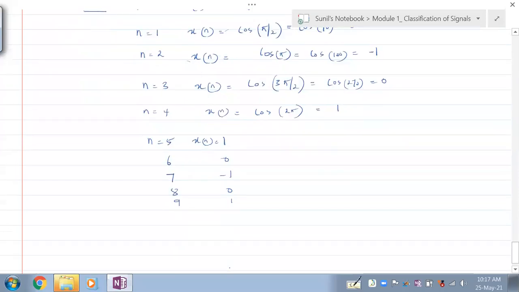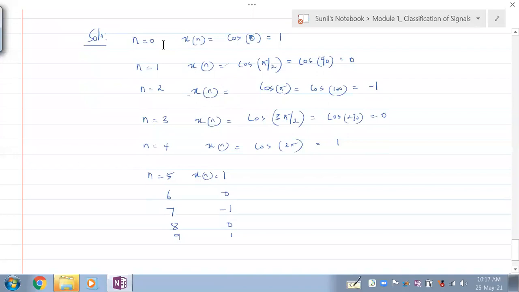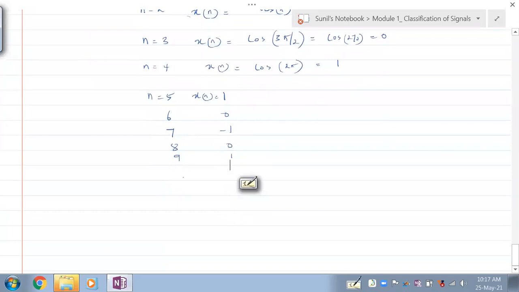So you don't have to show all these. I just did this because you will have better clarity with this. Understand? So therefore, how we can sketch? We can sketch x of n as: at 0 you have plus 1.